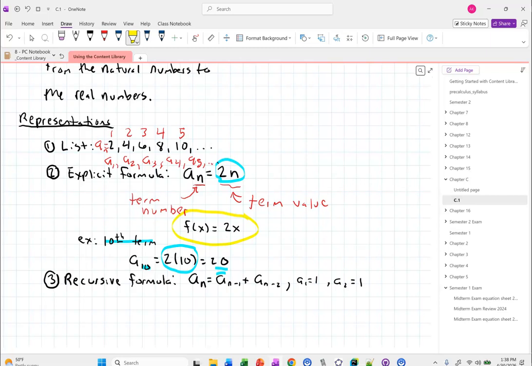So all we're covering right now is vocabulary, notation, how to represent these things. We haven't really done any problems yet. We're just developing a language that we're going to use to describe these things. But I want to point out that this explicit formula is essentially function notation. Instead of writing f of x, we write a subscript n, and then equals, and instead of writing it in terms of x, we write in terms of n.